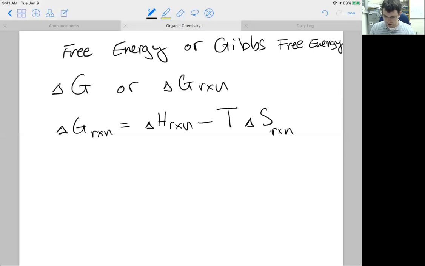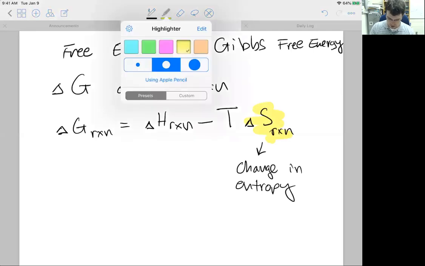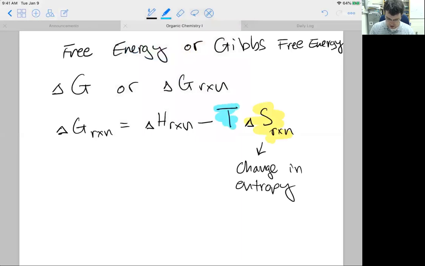Now, I haven't talked about the delta S yet, but the delta S is the change in entropy. T is the temperature. So just some temperature, and we have to care about the units. It's probably going to be Celsius. That's a good SI unit.